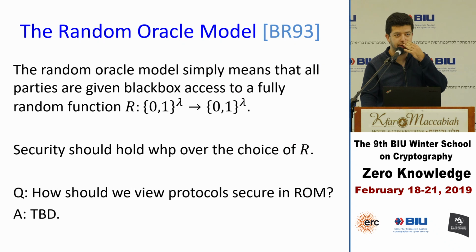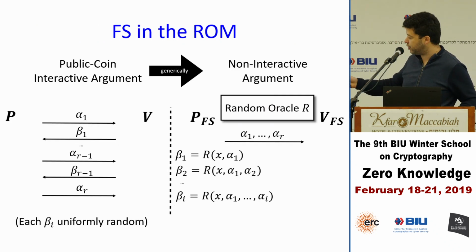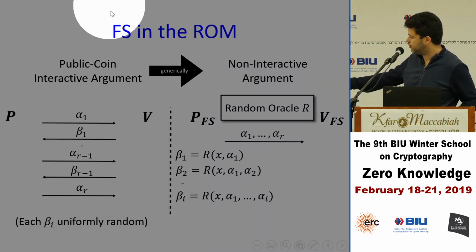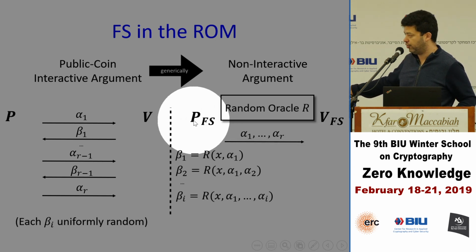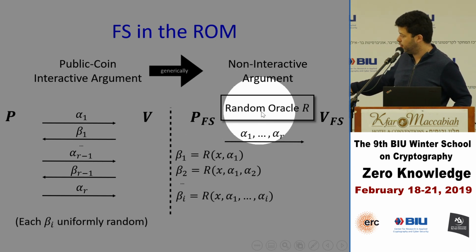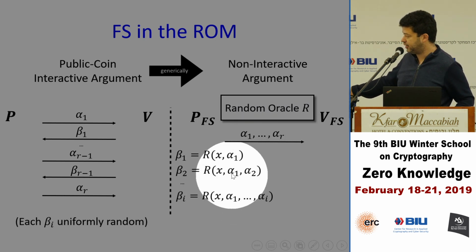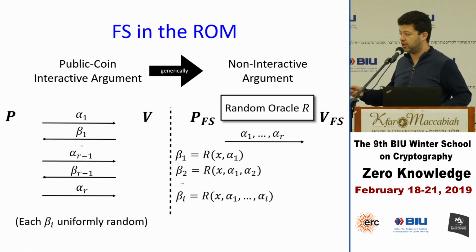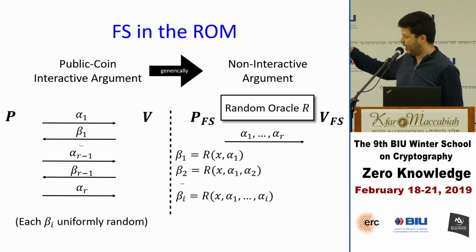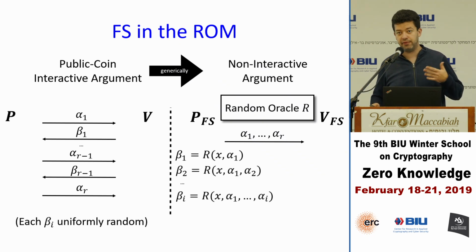Okay, but this is the random oracle model, and this is what we're going to consider, right? So we want to think of our hash function for the Fiat-Shamir transform as being a random oracle, accessible to the verifier and the prover, and potentially to a cheating prover. So a totally random function R. And now when we hash our messages, we're going to use this totally random function, which seems intuitively like a good idea because we hash alpha 1, we get a random fresh beta 1, which sounds like what the verifier sends in the protocol on the left.